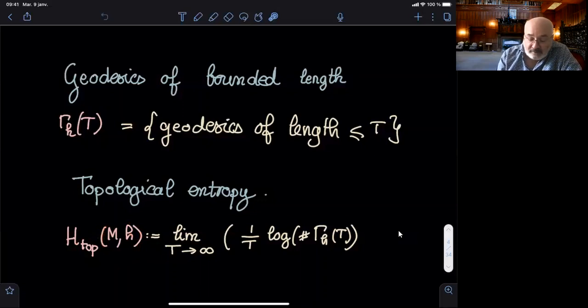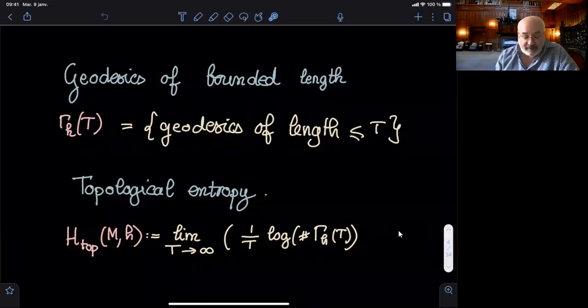And this is the limit when t goes to infinity of the logarithm of the number of geodesics, divided by t. So essentially it says that Gamma_h(t), if this is well defined, behaves like e to the h t, something like that. What I'm saying is wrong, but it says something like that.